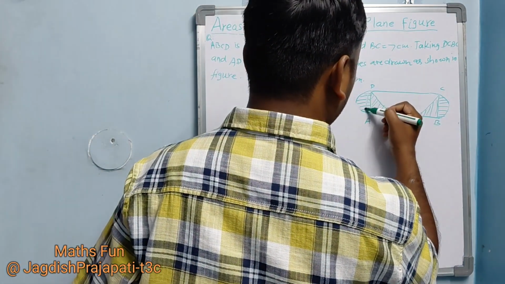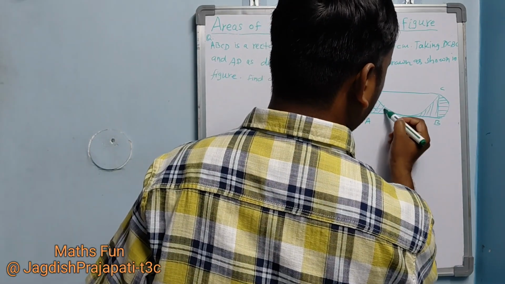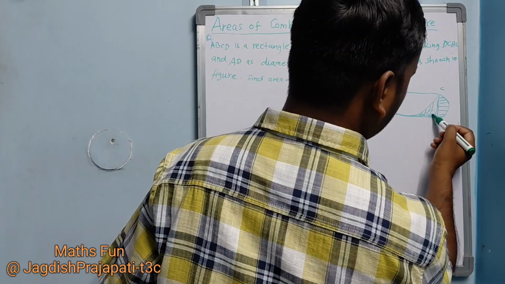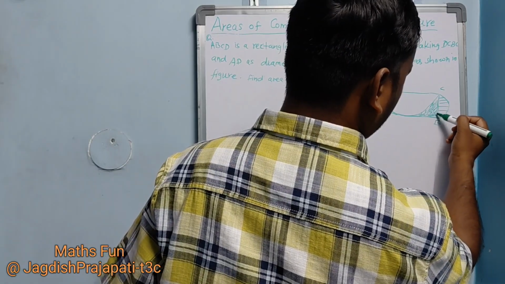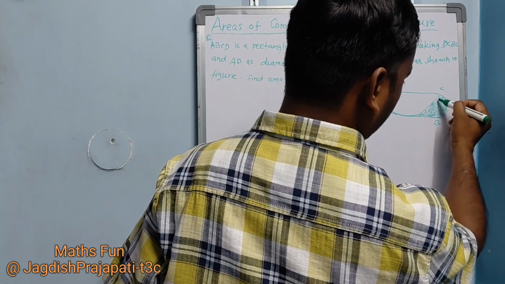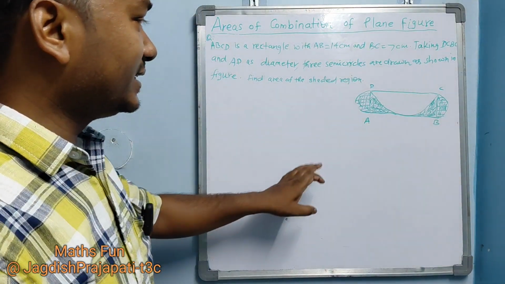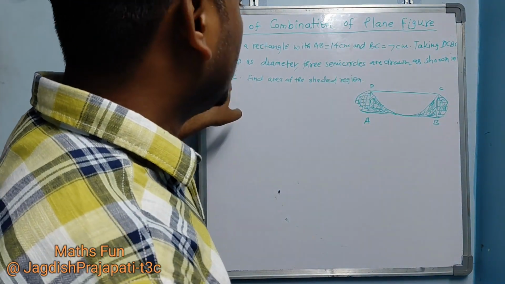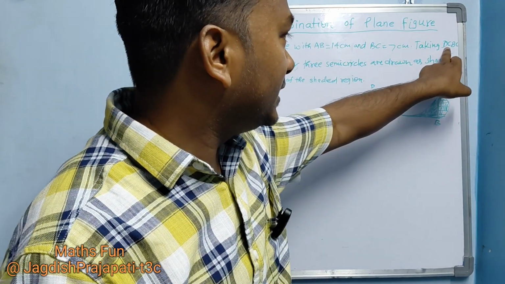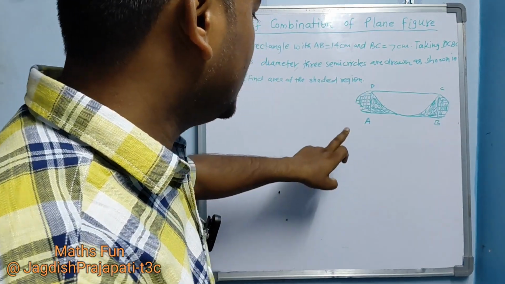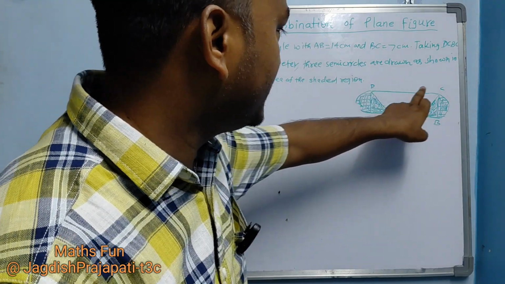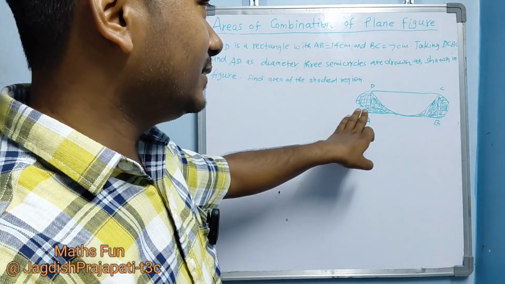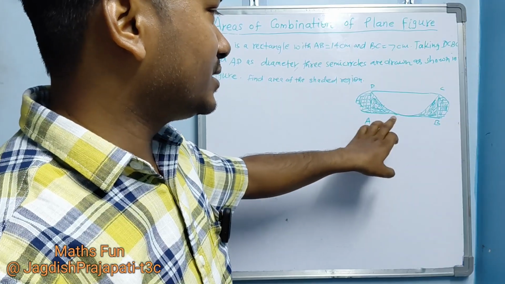Actually this is shaded, so I don't want to waste my time setting these figures, these sectors or areas. But it is stated that DC, BC and AD are the diameters of the semicircles drawn.